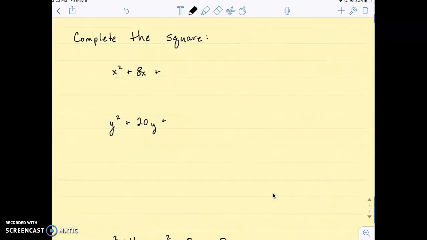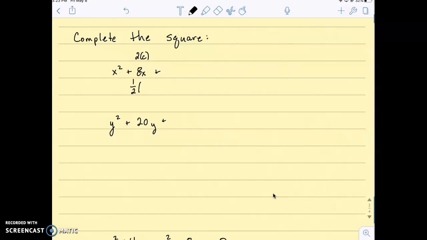Here we have x squared plus 8x plus something. I know this middle value is 2 times the constant. Well, if I have 8, how do I go back from 2 times? I'm going to divide by 2.